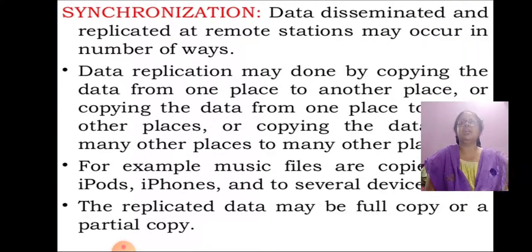Synchronization, data dissemination and replication at a remote system may occur in different ways. Data synchronization is the process of maintaining the consistency and uniformity of data instances across all consuming applications and storing devices.